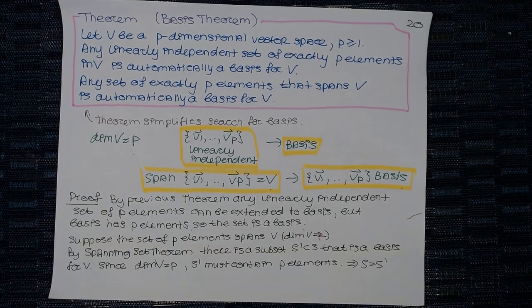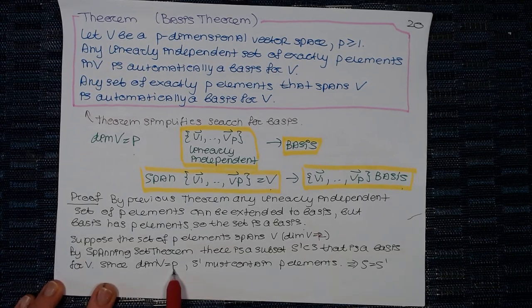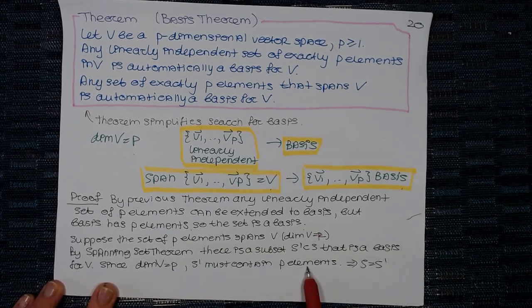But here again we're looking at the condition that since the dimension of V is p, my basis must contain p elements. That's the definition of dimension. And because my spanning set S has p elements, its subset that generates a basis must have p elements.